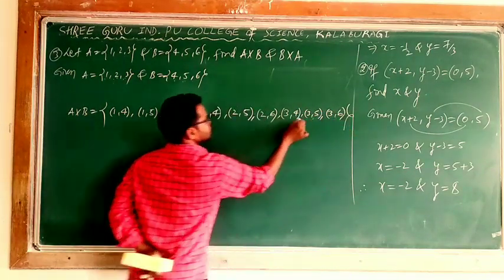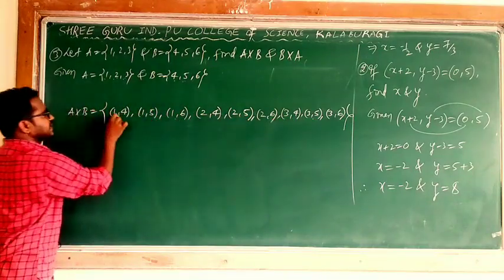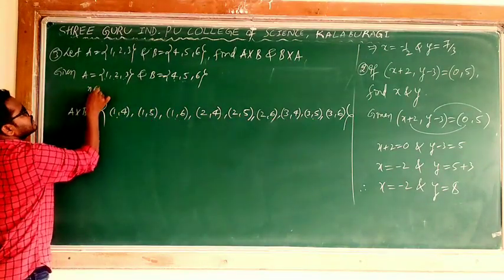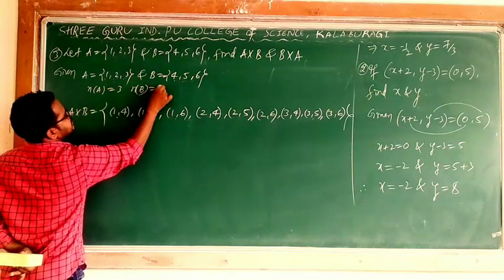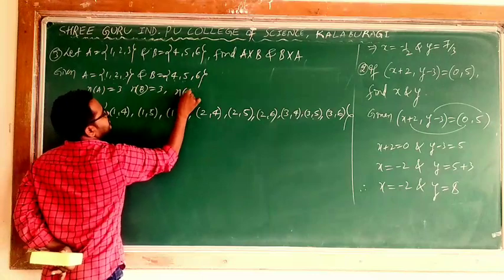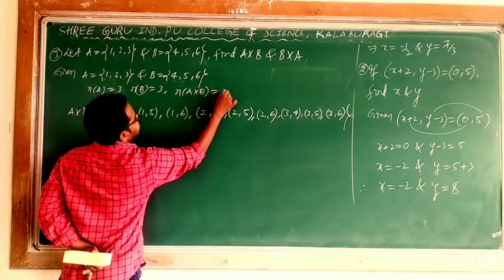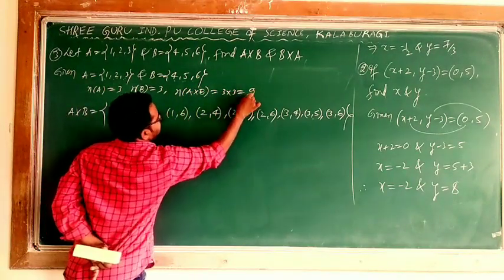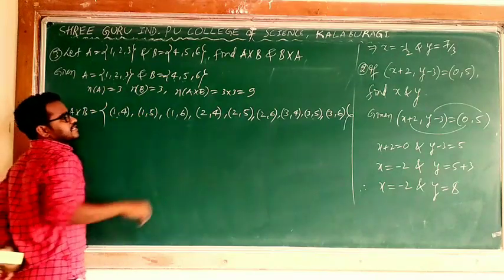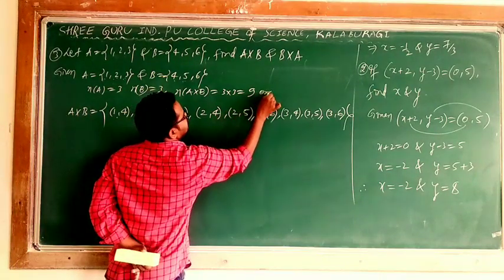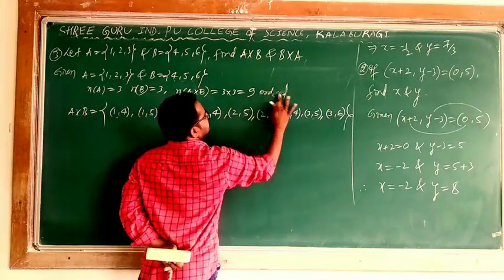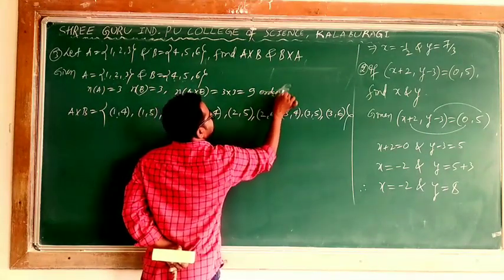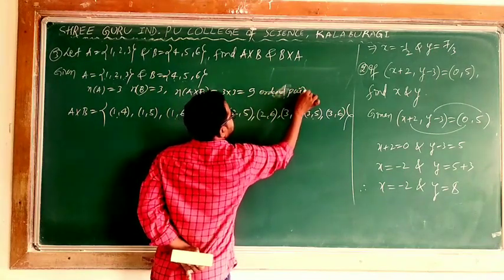So 1, 2, 3, 4, 5, 6, 7, 8, 9. Because n(A) has 3 elements, n(B) has 3 elements, n(A cross B) is 3 into 3. How many? 9. 9 what? 9 ordered pairs.